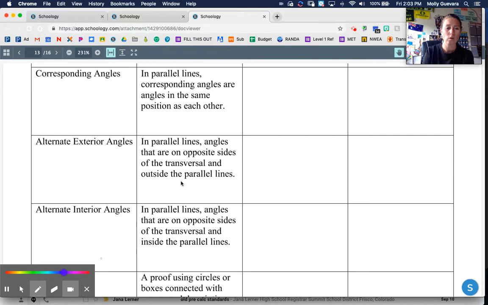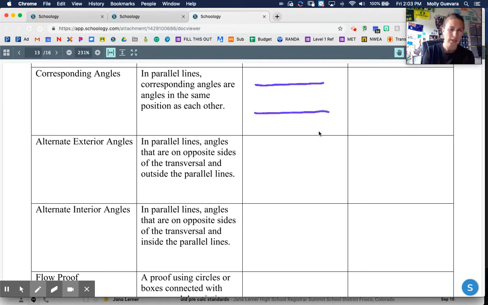Okay, so this is the darkest color I have. So if I have 2 parallel lines, and I know they're parallel, I'm going to draw the little arrows so I know they're parallel. So corresponding angles, in parallel lines, are angles in the same position as each other.